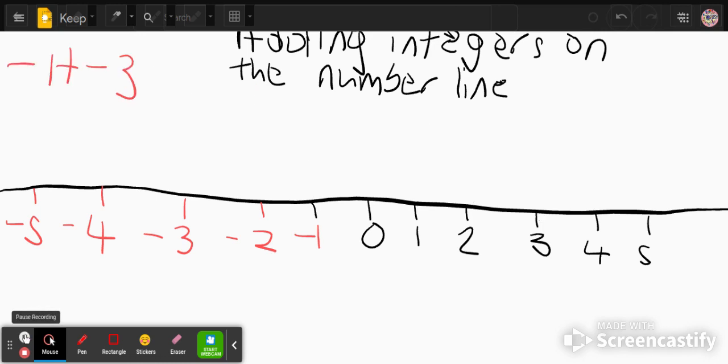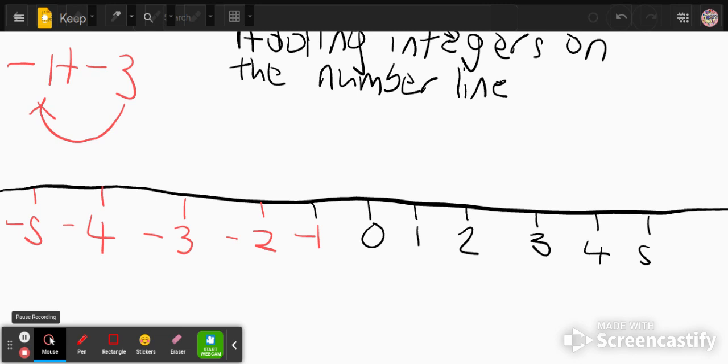So this example is negative 1 plus negative 3. So if you realize a negative number is being added to a negative number, so negative 1 plus negative 3, negative 3 is being added to negative 1, right? So when a negative number is being added to a negative number, you will still move to the left, right?